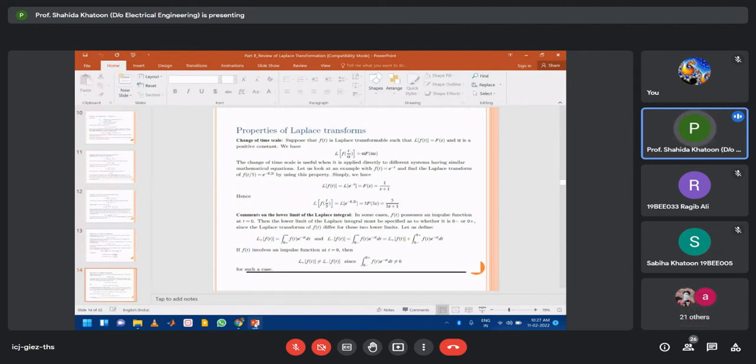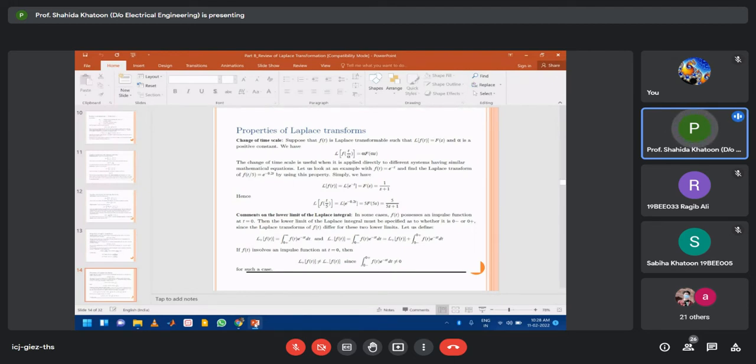So in some cases, f(t) possesses an impulse function at t equal to 0. Then the lower limit of the Laplace integral must be specified as to whether it is 0 minus or 0 plus, since the Laplace transform of f(t) differs for these two lower limits.